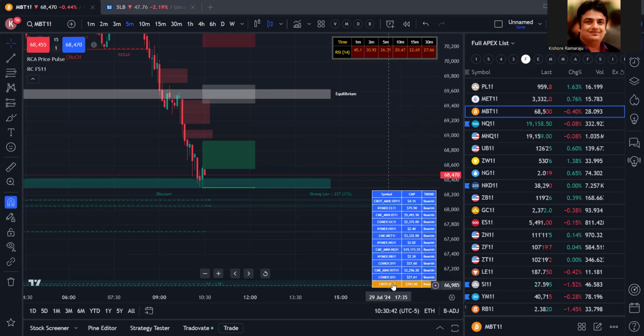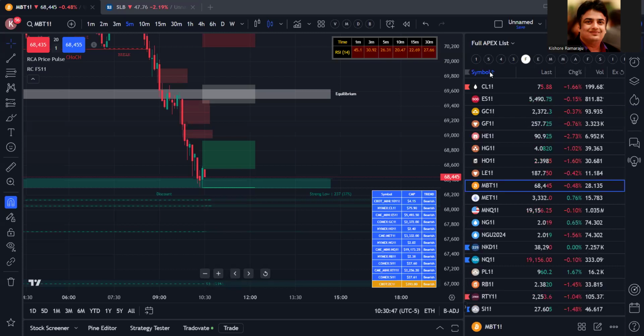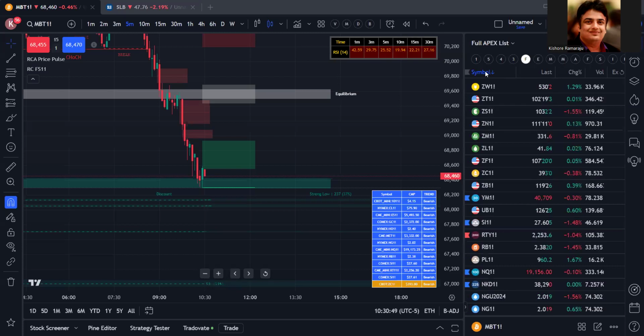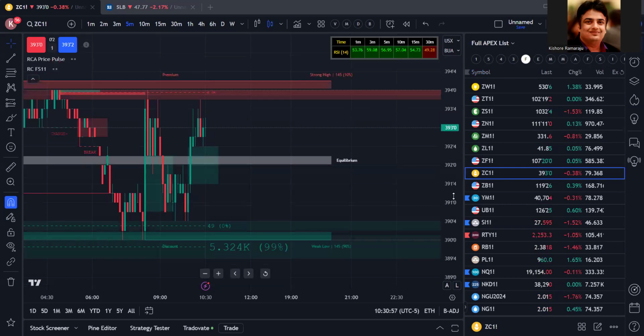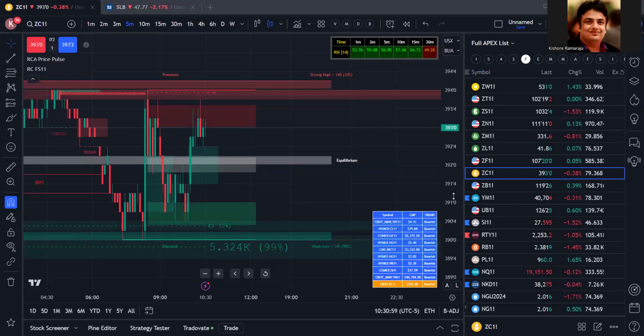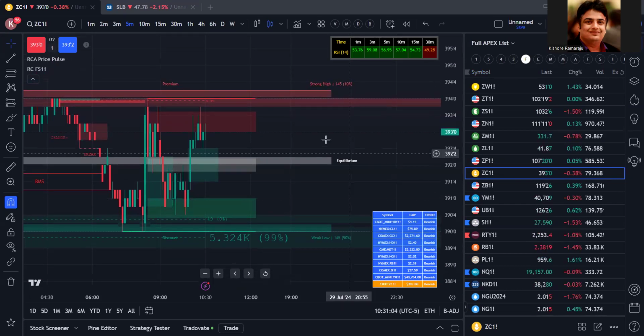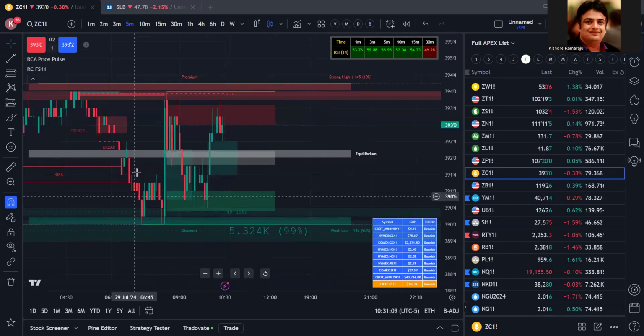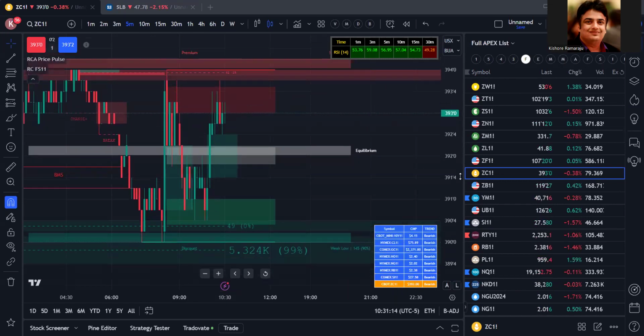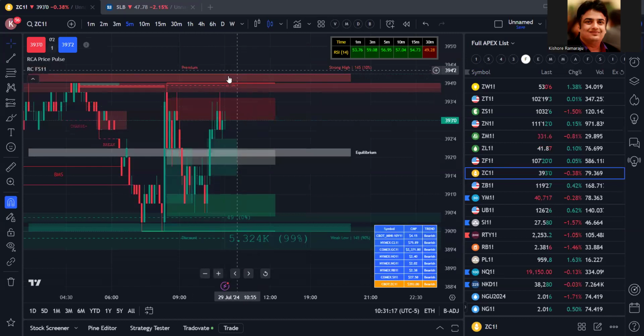ZC1 is bearish. Let us look at ZC1. There is no huge sell order block.